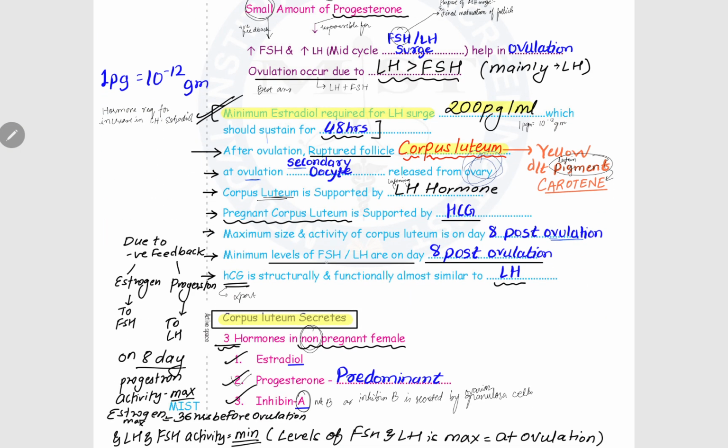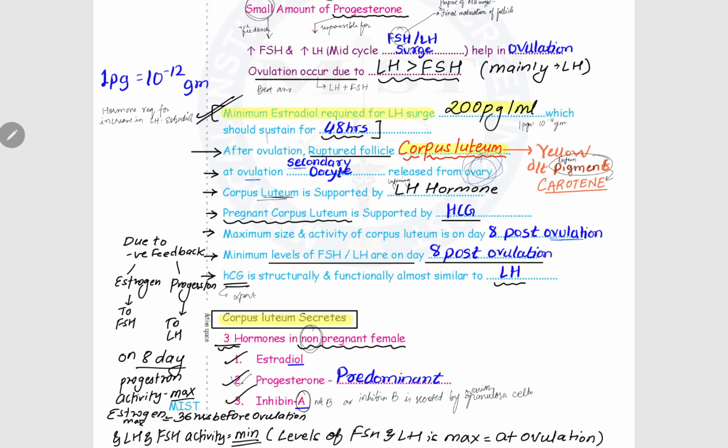That makes sense, because once the LH completely finishes, the corpus luteum will start regressing, as there is no one supporting the corpus luteum, because corpus luteum is supported by LH.